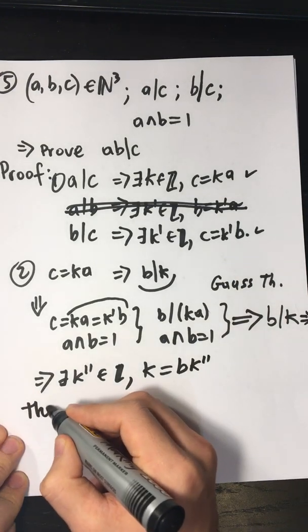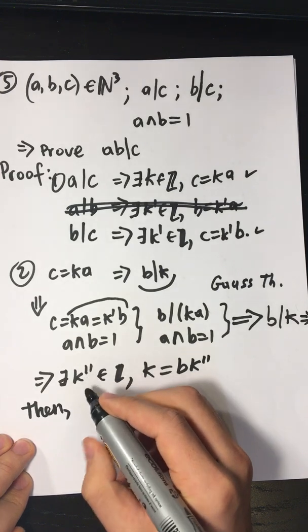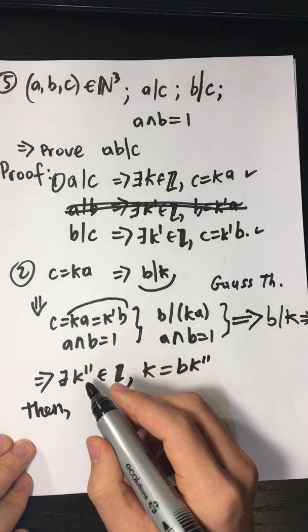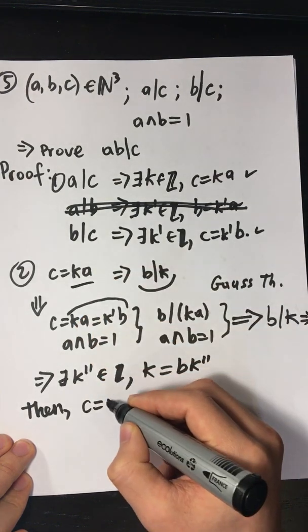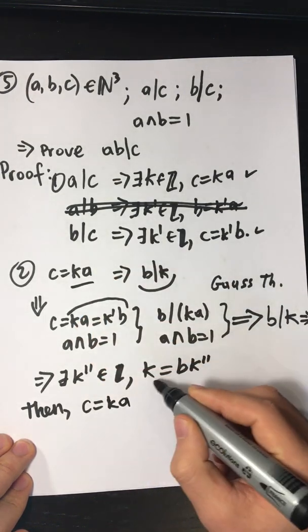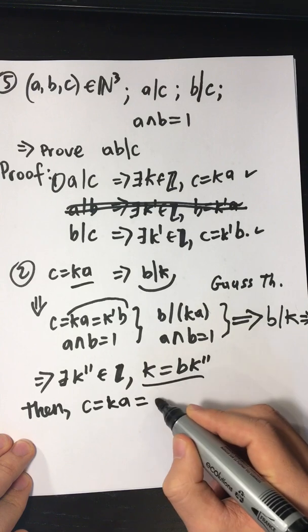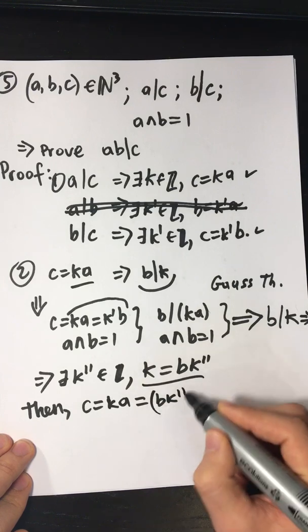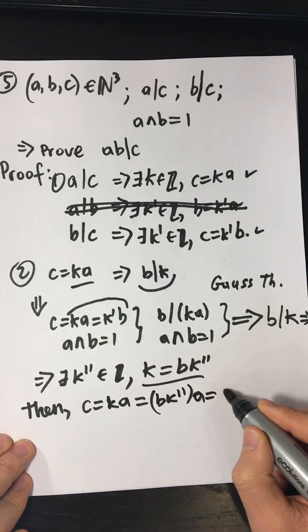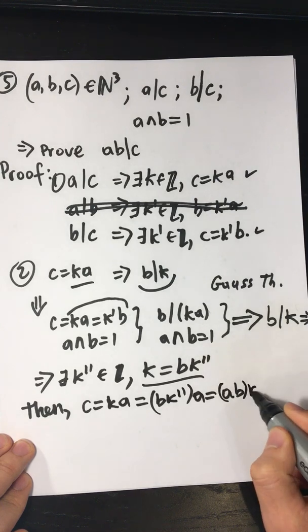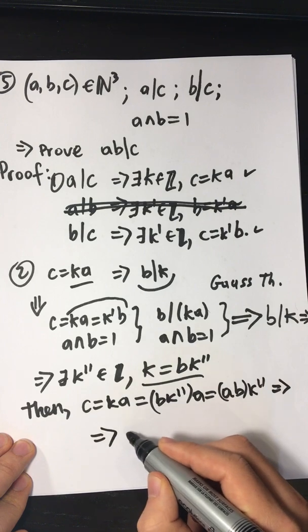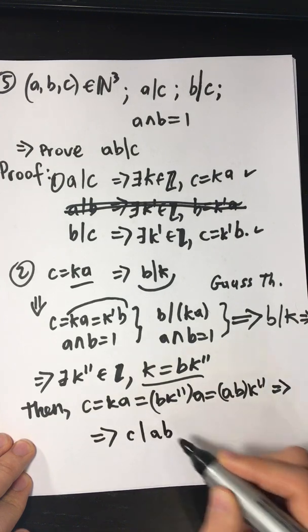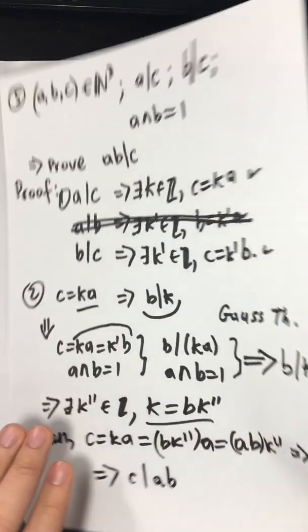Then we have c equals ka, and k equals b k dash dash, right? So c equals a times b times k dash dash. From this you can decide that ab divides c. Okay, that's it for number 5.